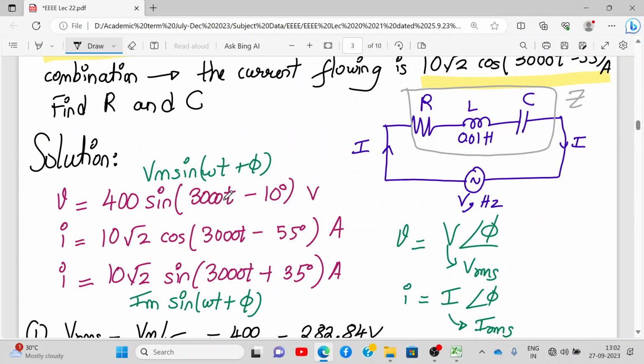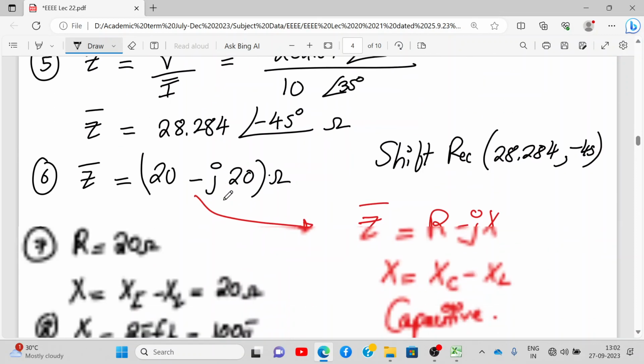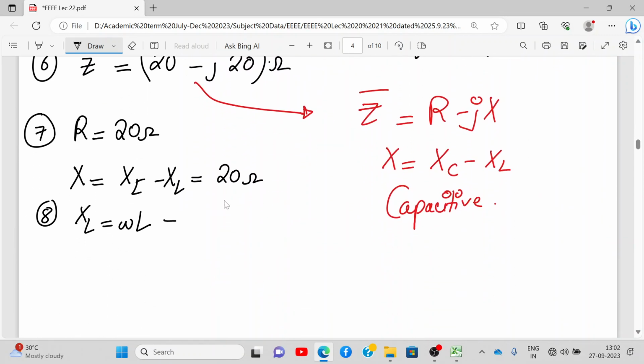Don't go in the flow of 2 pi f L, or you will keep searching for the frequency. Compare with the standard form: 3000 is omega. So substitute, this is equal to 3000. What's the value of L given as? 0.01. So how much is this? 30 ohms.